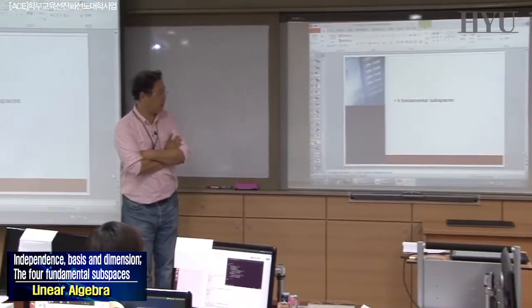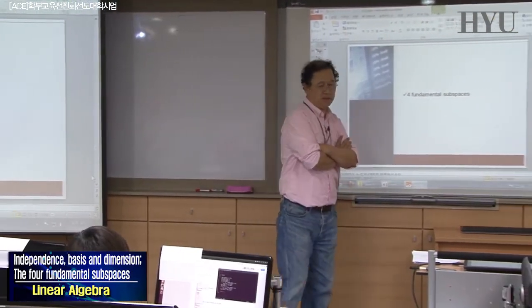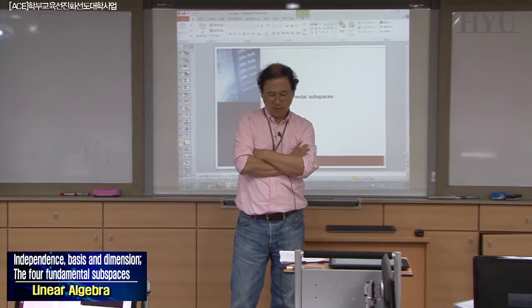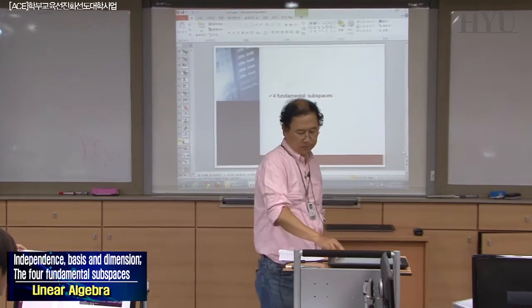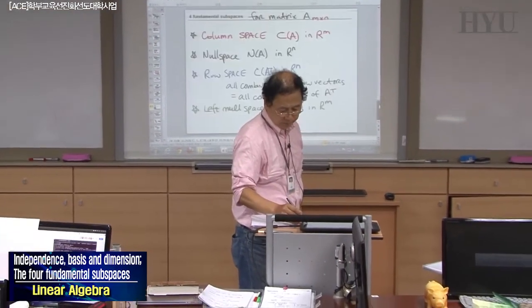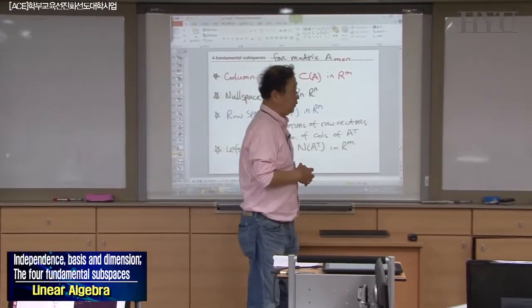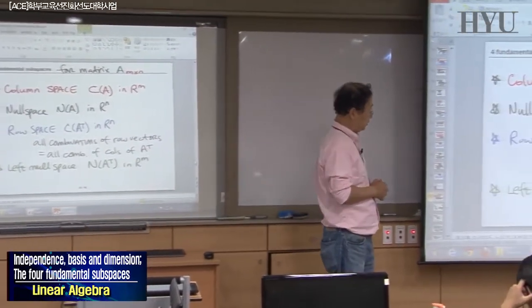So I'm going to discuss the 4 fundamental subspaces. In a way, part of the lecture here is again some repetition. Up to now, we defined and learned about column space and null space.